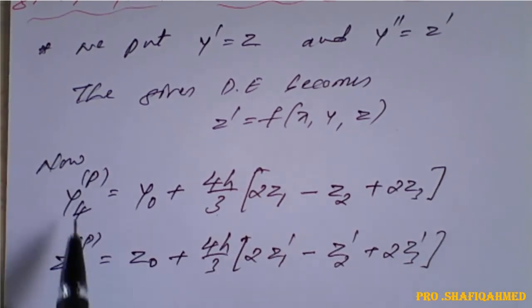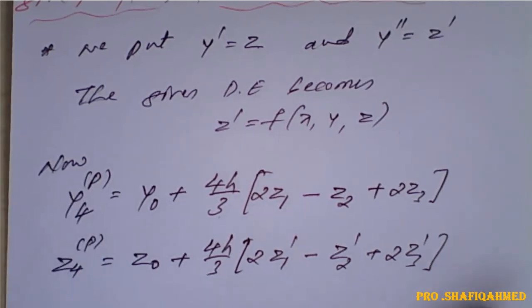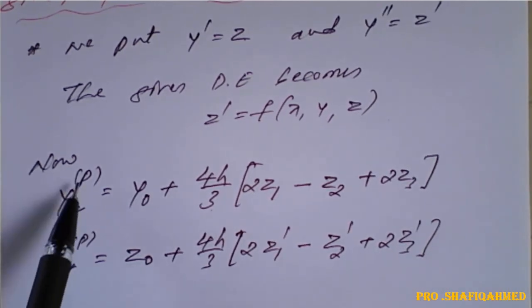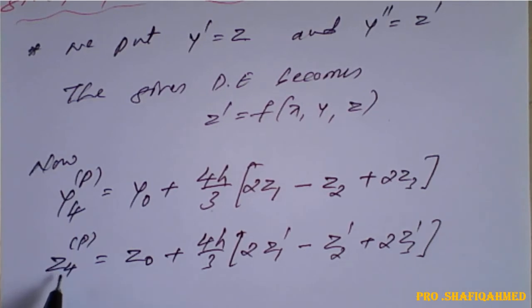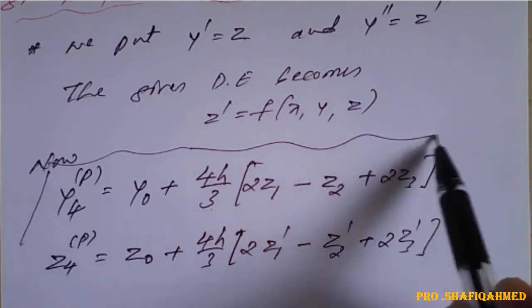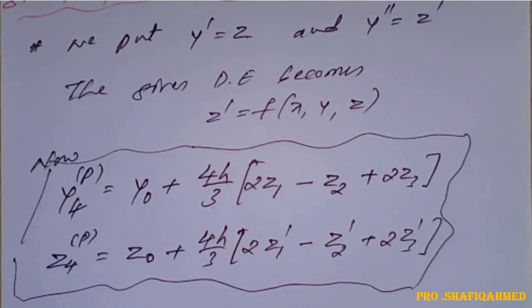These are the predictor formulas for y4 of p and z4 of p. In the given question we need to calculate y4 of p and z4 of p, and for this we need to use these predictor formulas.